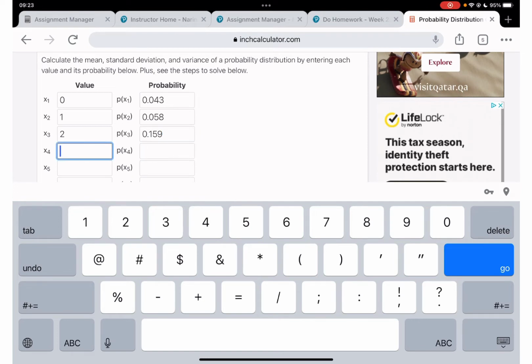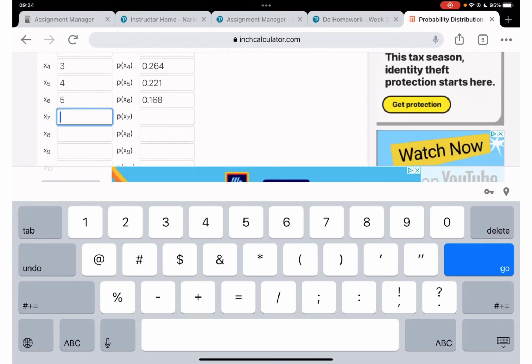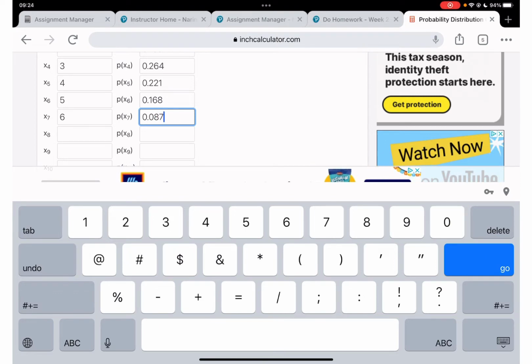Here is going to be 3 and 0.264. Here is going to be 4, and this is going to be 0.221, and 5, and this is going to be 0.168, and 6, and here is going to be 0.087.